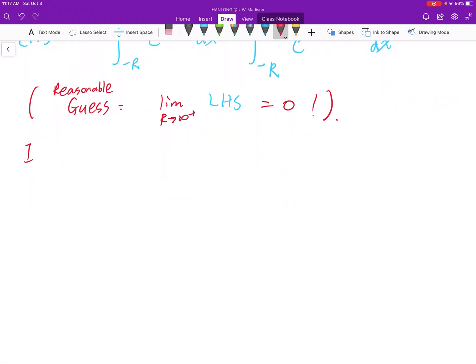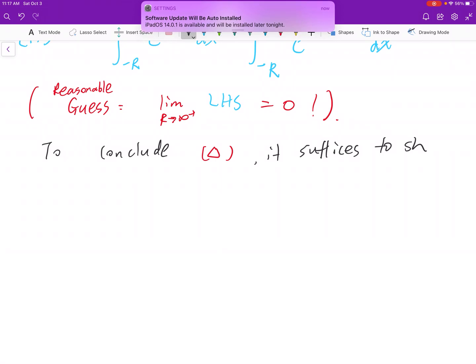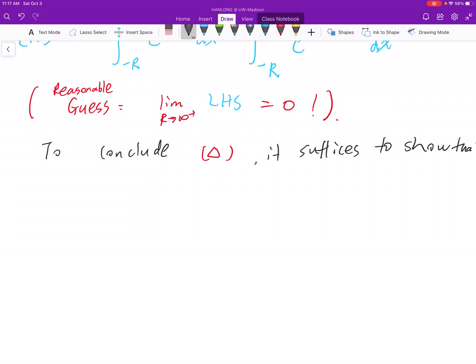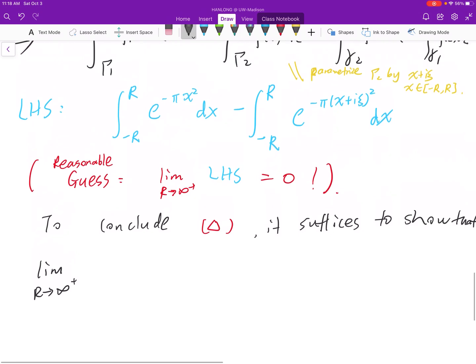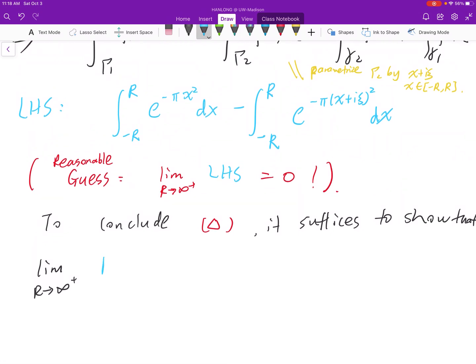So to conclude the formula, it suffices to show that when r goes to positive infinity, the right-hand side is 0.